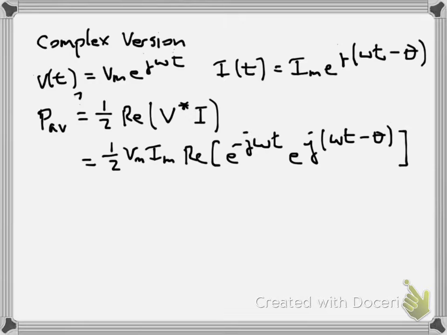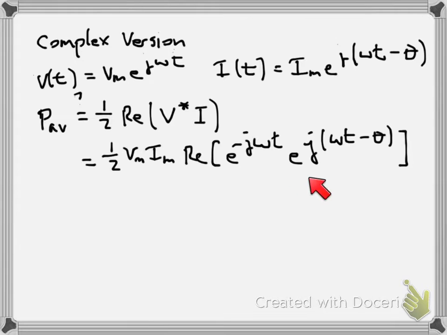So if we plug in our expressions for V and I and take the complex conjugate of V, we wind up with 1/2 Vm Im. These are just real numbers, so they pull out of the real part expression. E to the j omega t for V becomes e to the minus j omega t, and the other exponential remains the same, e to the j omega t minus theta.